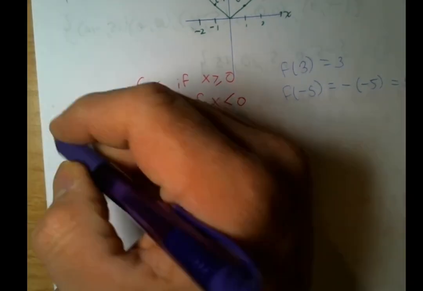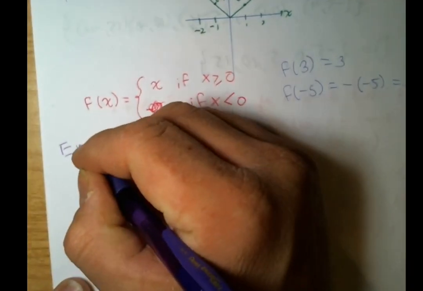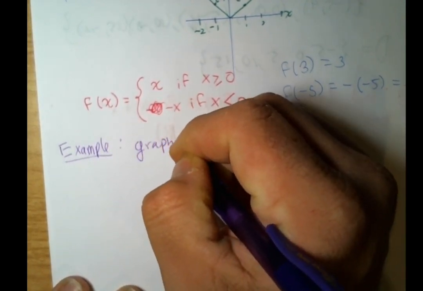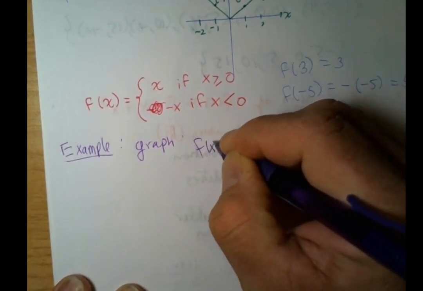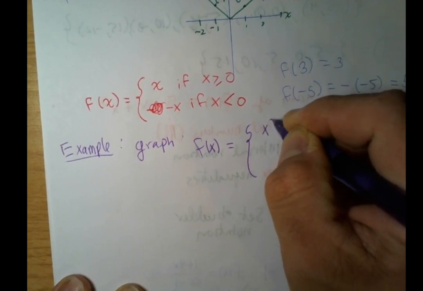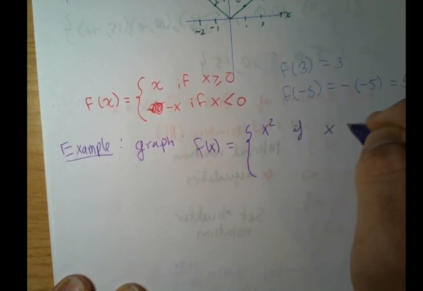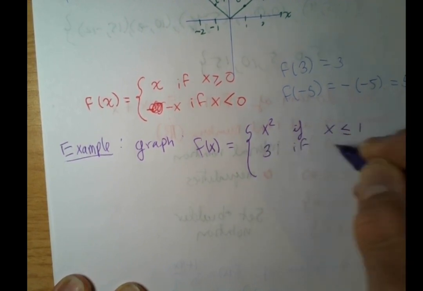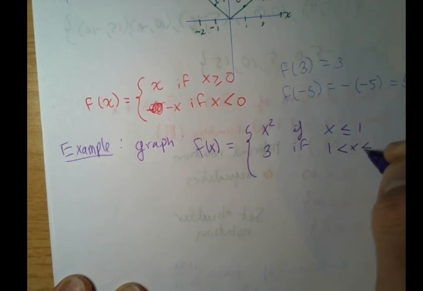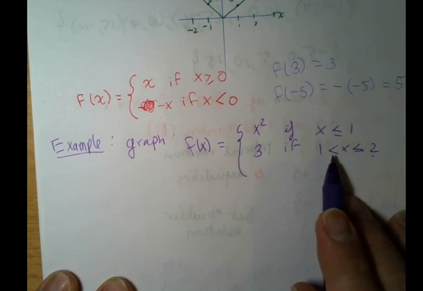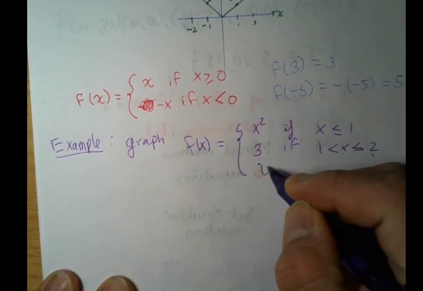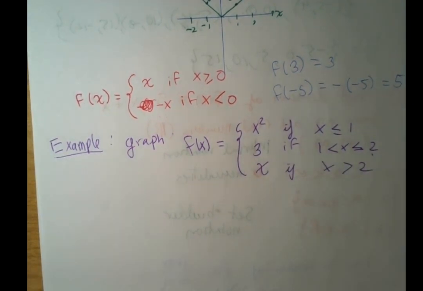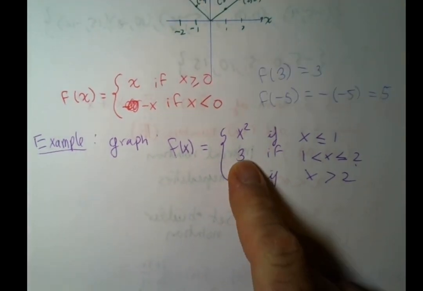So here, for this example, graph x squared if x is less than or equal to 1, 3 if x is less than or equal to 2 but bigger than 1, and x, the identity, if x is bigger than 2. All right. Now, individually, we know what these three functions look like, right?